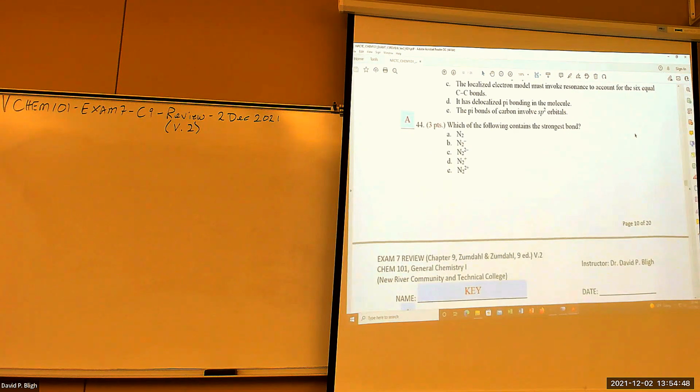There it is. The strongest bond is going to be the highest bond order. So that's nitrogen again. Then the next one, 45.